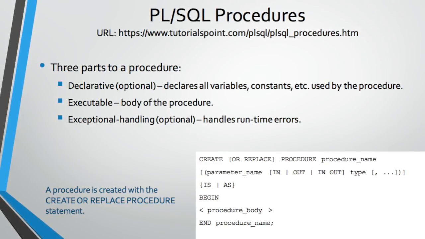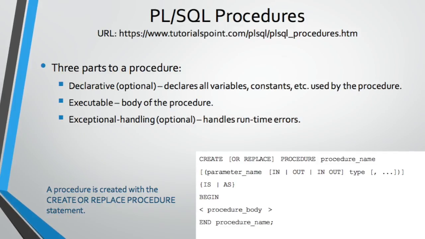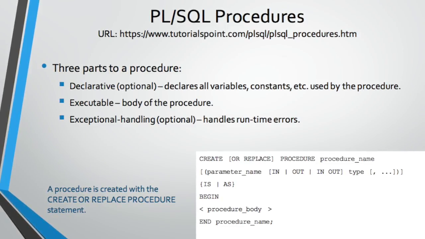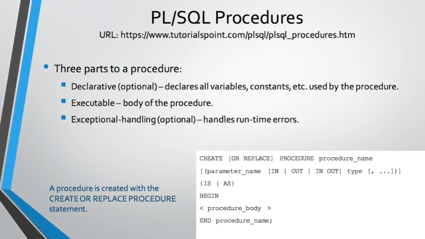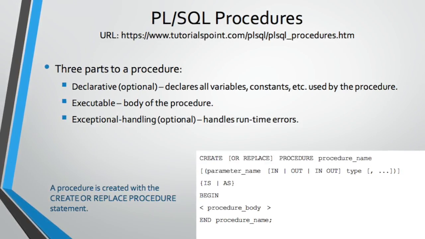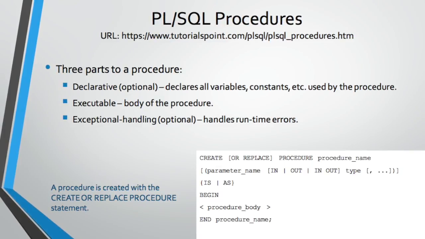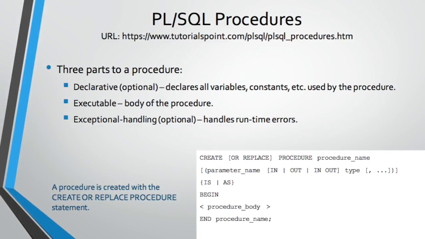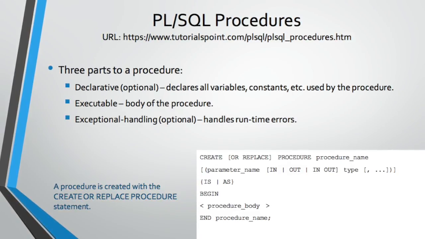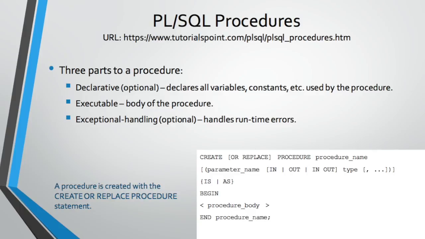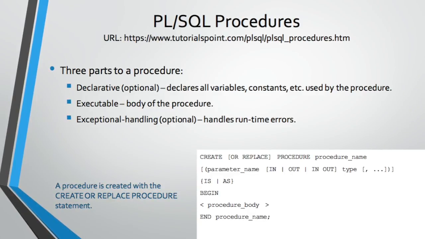The first example is what is called a standalone procedure. It can be called using the execute keyword or from another PL SQL block. Procedure name specifies the name of the procedure, and the or replace option allows modifying an existing procedure. The optional parameter list contains name, mode, and types of parameters.